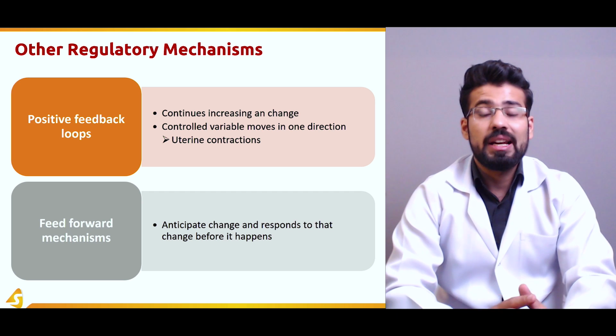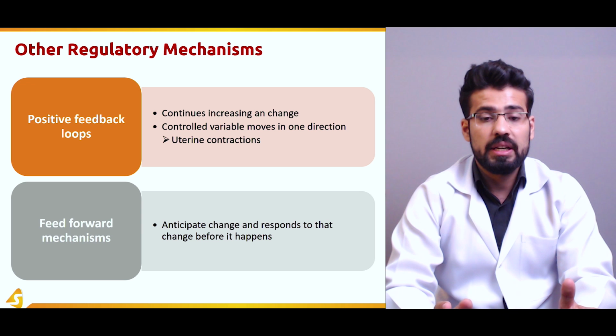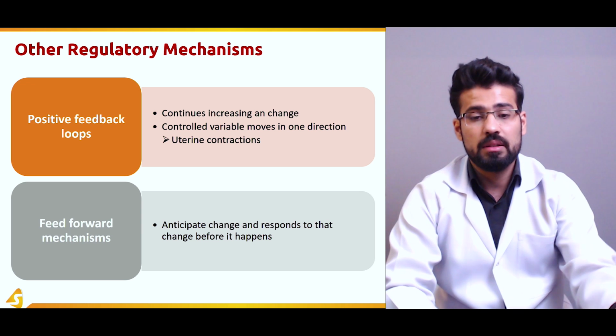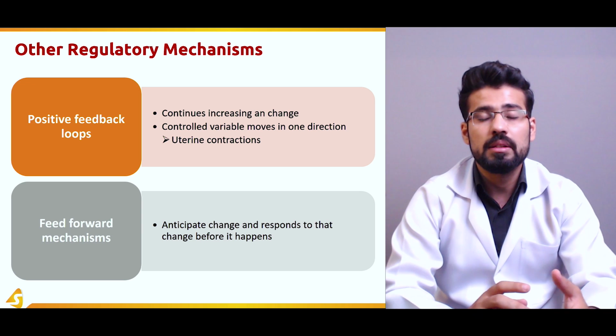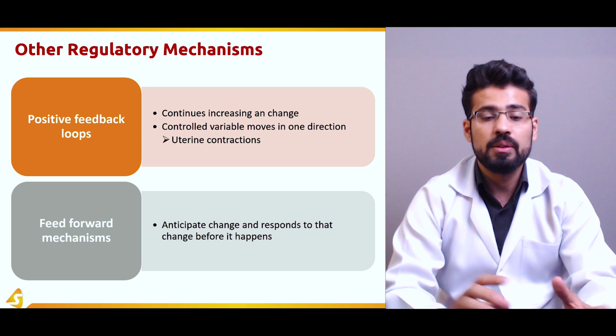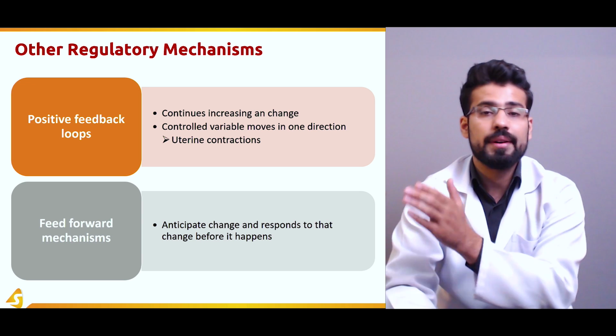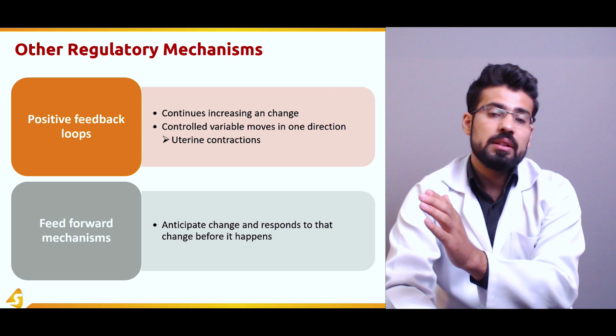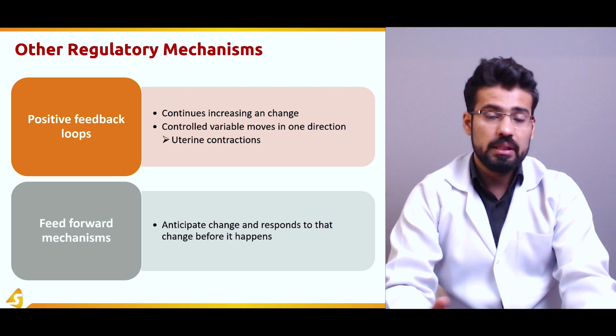Now talking about the levels of structural organization, there is a level known as the organ system level. A system consists of organs with a common function. Take the example of the digestive system.